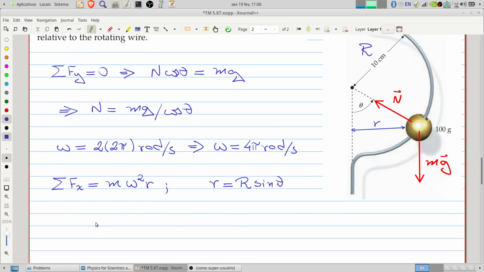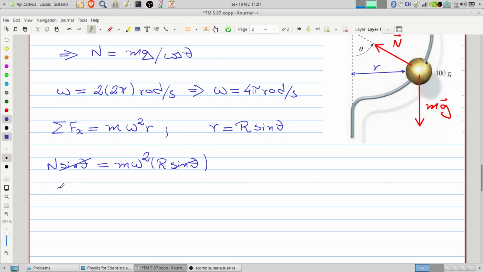So we have the sum of the forces in the x direction, that is the projection of the normal in the horizontal direction, that is N sine of theta equals m, the angular velocity squared, times r sine of theta. And we can cancel this term, and we can use here substituting.